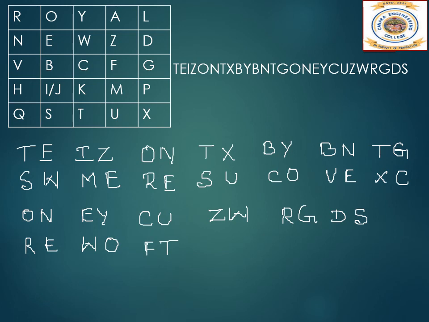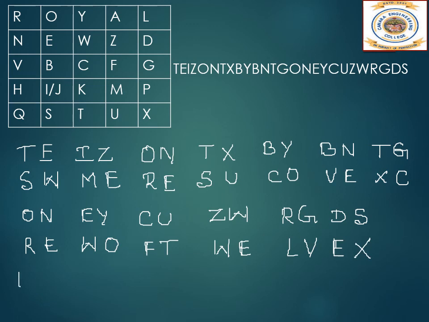One step backward. Z is W and W is E. R, G. R is L, G is V. D and S. For D it is E, S it is X.